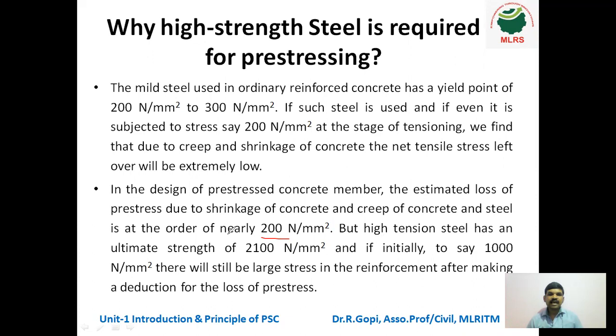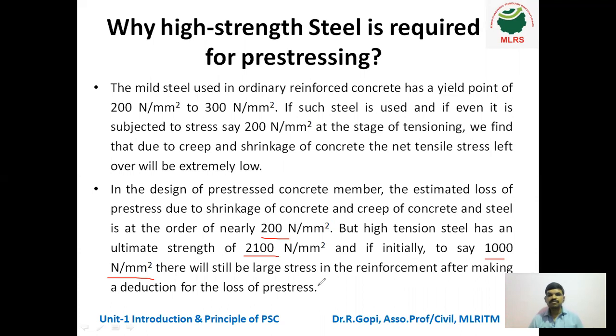But high tension steel has an ultimate strength of 2100 N/mm², and if initially it is stressed to, say, 1000 N/mm² at yield value, there will still be large stresses in the reinforcement after deducting the loss of pre-stress. Out of 1000 N/mm², 150 or 200 N/mm² will be lost.